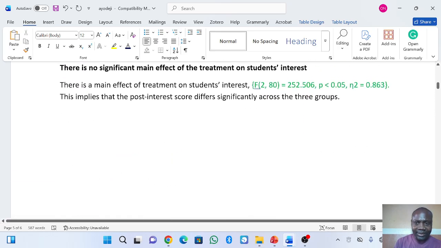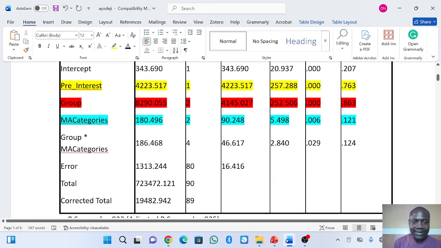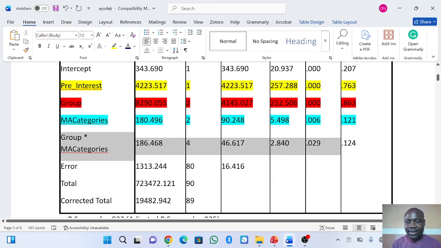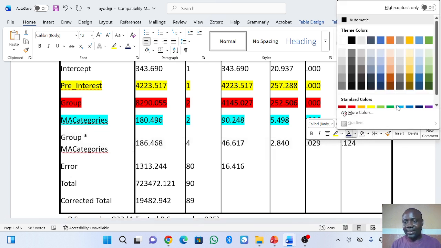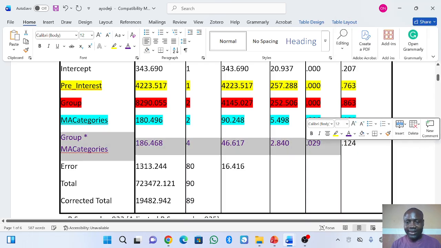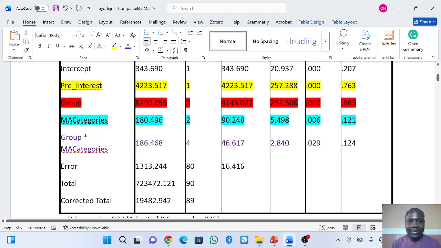The interaction effect, look at it, that means the interaction between the groups and the categories. You will notice that there is a significant interaction effect in purple. This is the interaction effect that we have.